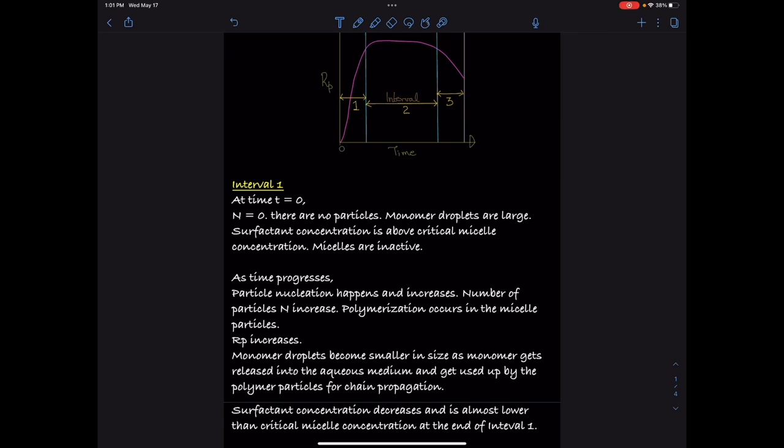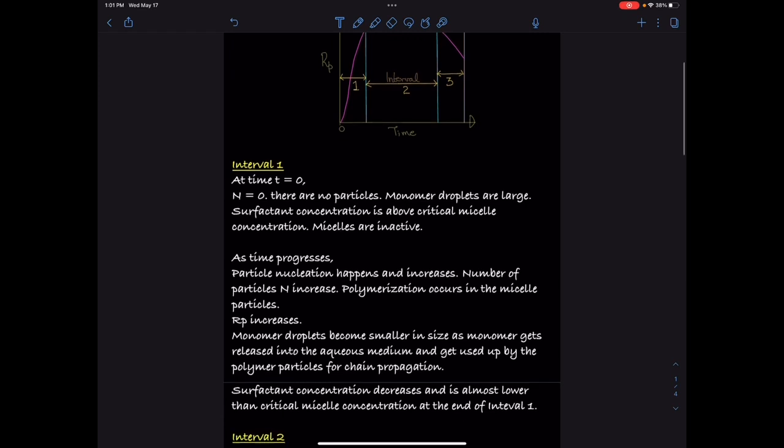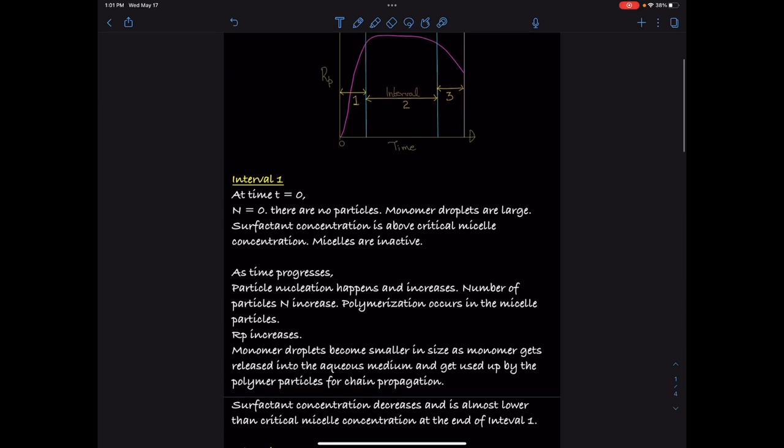Monomer droplets become smaller in size as the monomer gets released into the aqueous medium and gets consumed by the micelle particles for polymerization. Surfactant concentration decreases, and as we approach the end of interval 1, surfactant concentration is almost close to the critical micelle concentration and sometimes even less.